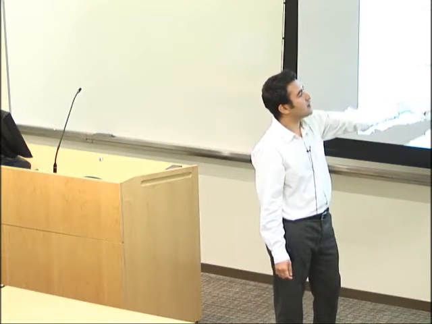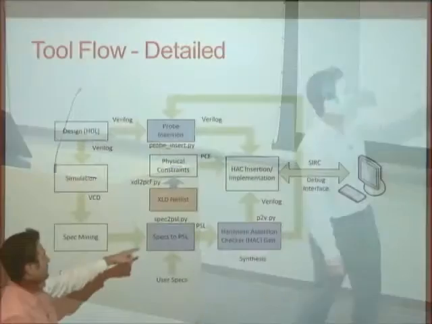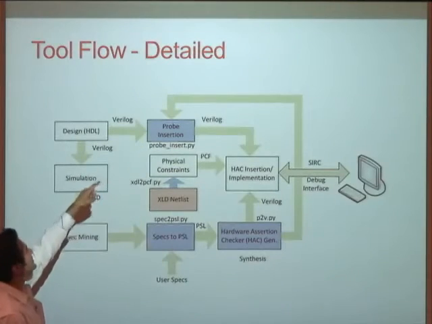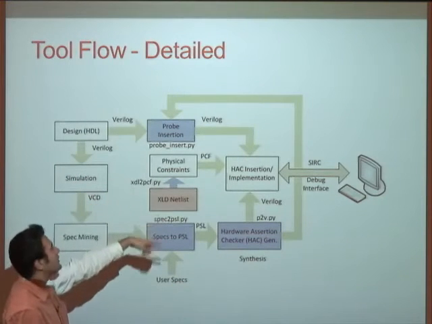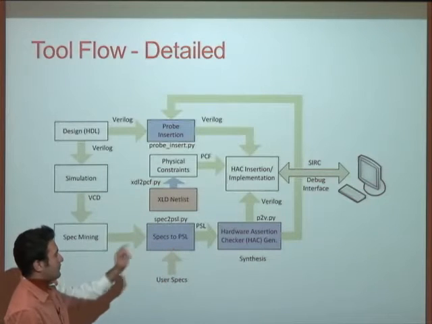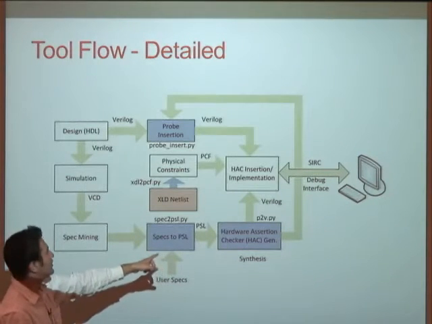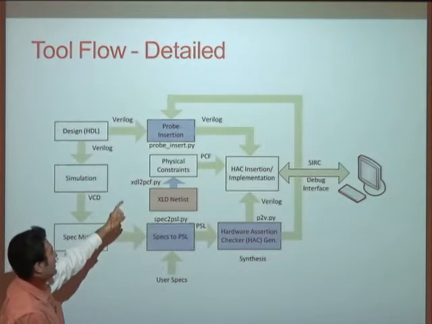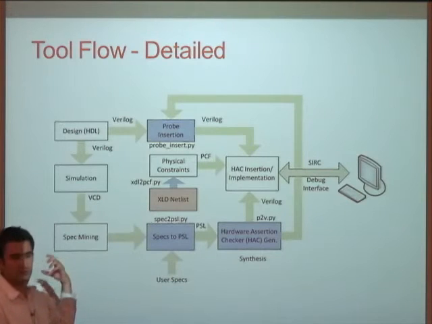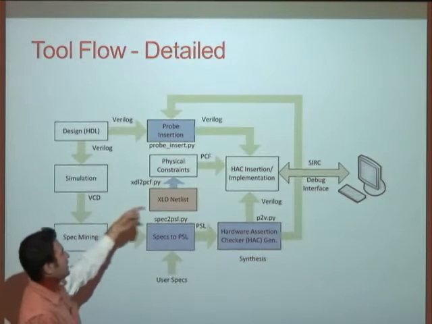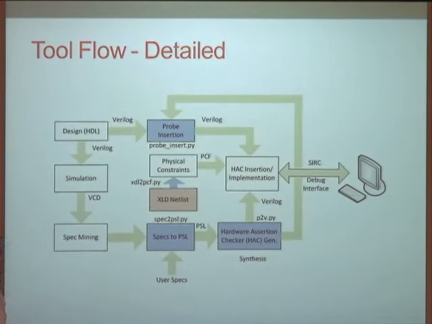At the same time, we extract the probing information, insert the probing into the original design, and we implement the hardware assertion checker core with the inserted probes, enforcing the constraints we collected from the previous round, and then we do the debugging through the circuit interface.